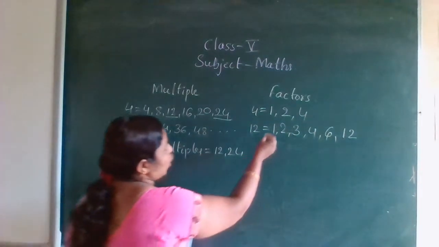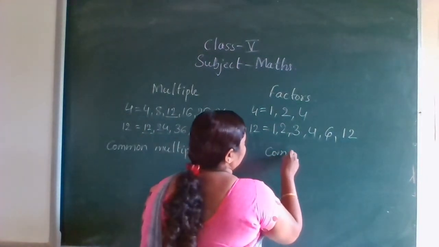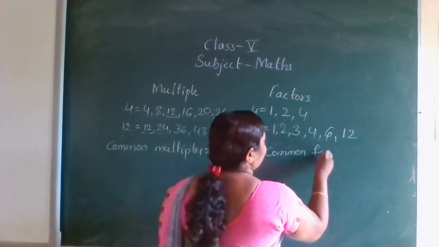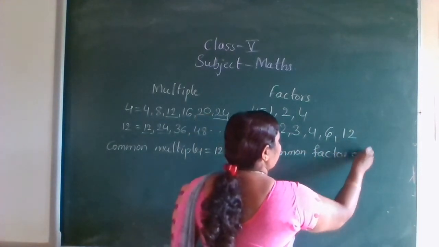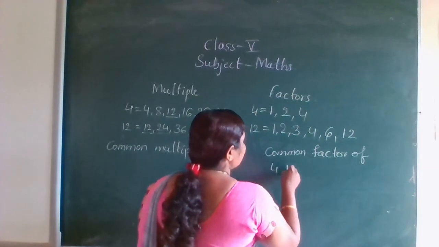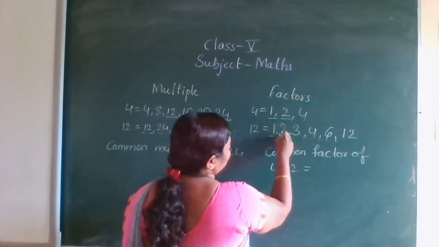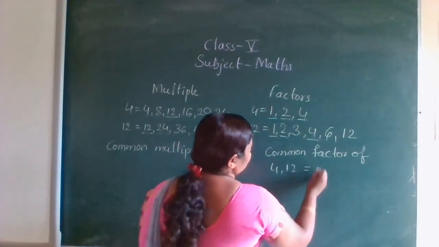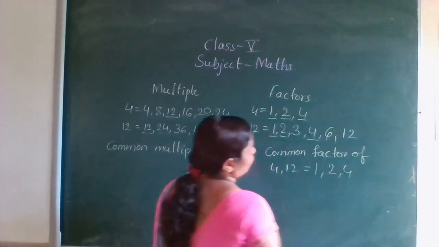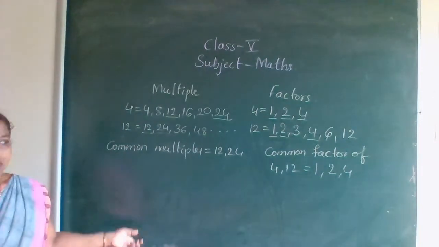Next, common factors of 4 and 12. Search the common ones: 1, 1, 2, 2, 4, 4. So 1, 2, 4 are the common factors.